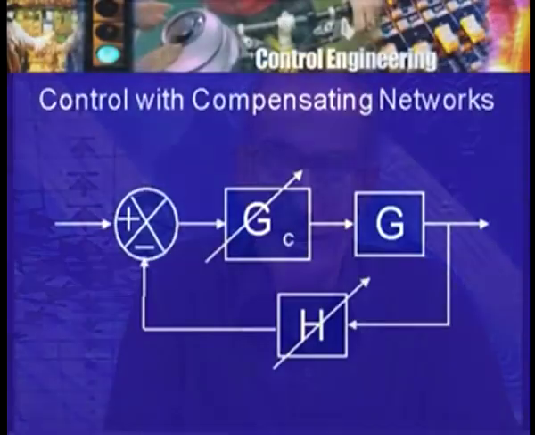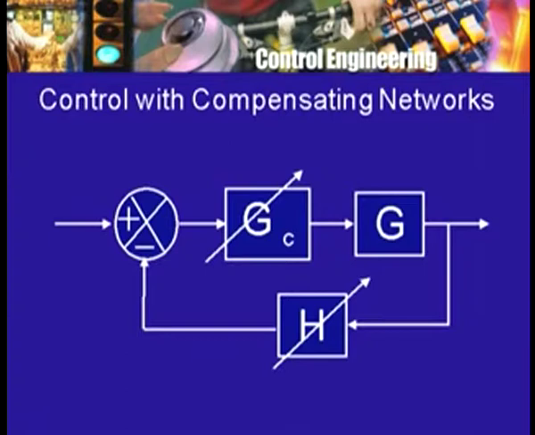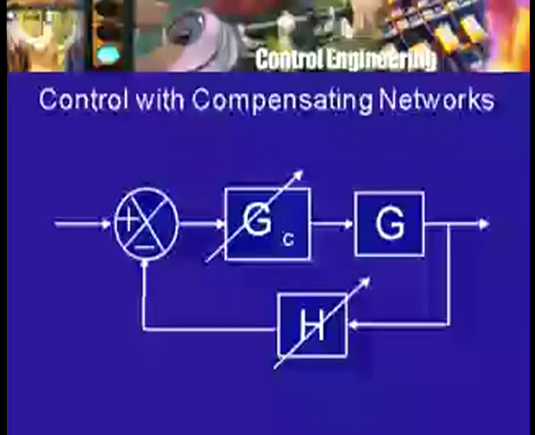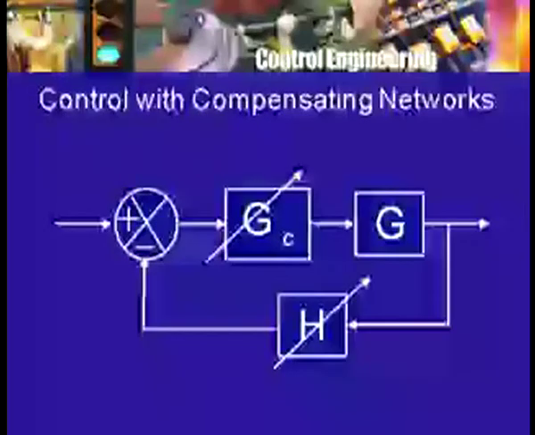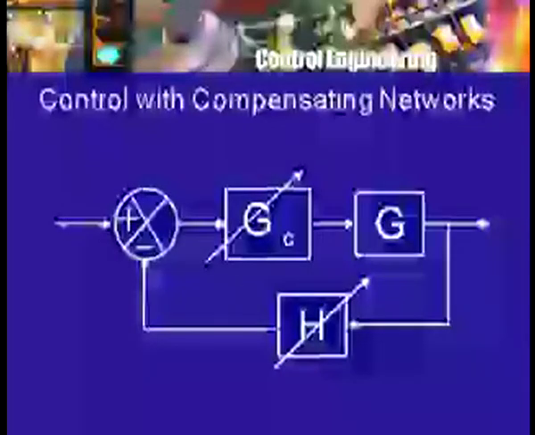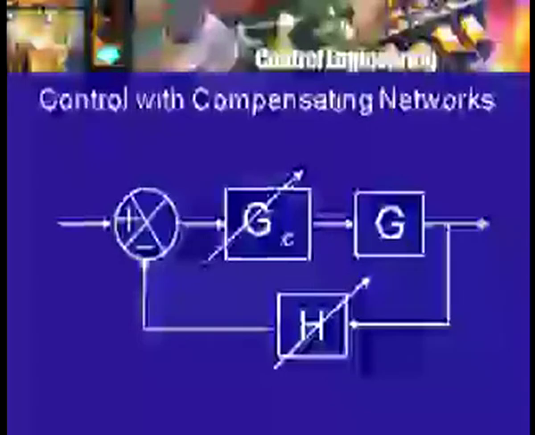Now, just quickly to go over classically what one thinks of, you have the system, the motor, the prime mover and the load combined together, or the plant represented by the transfer function g. You have the feedback path elements represented by the transfer function h, and then you have what I have called a compensator, which is introduced in the forward path, which produces the output quantity that drives the load.